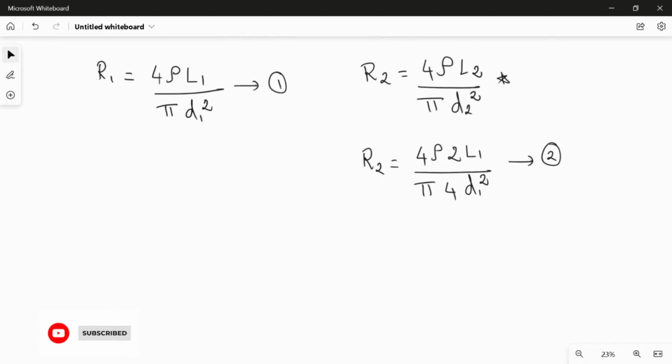Now I am going to divide the second equation by the first equation, dividing equation 2 by equation 1.